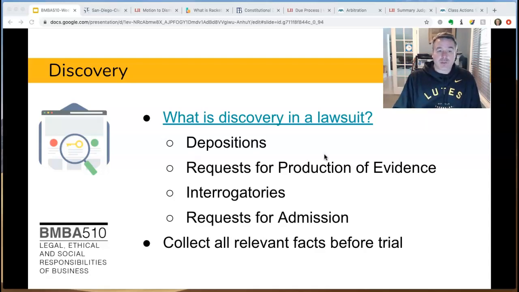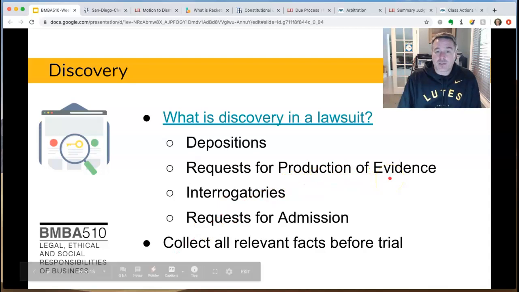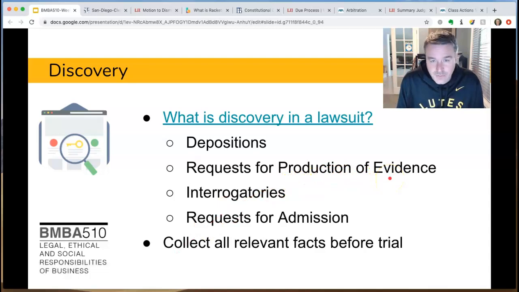Either side can also then request the production of evidence documents, and this is where discovery gets so expensive. I was involved in a case not that long ago, and their discovery request was for every single email ever written between party A and party B between two dates, so it's thousands and thousands and thousands of emails.